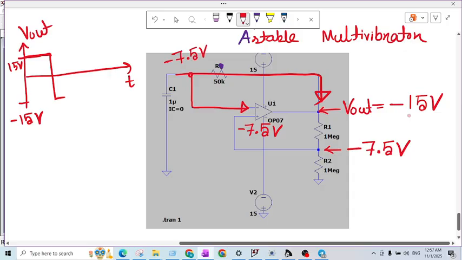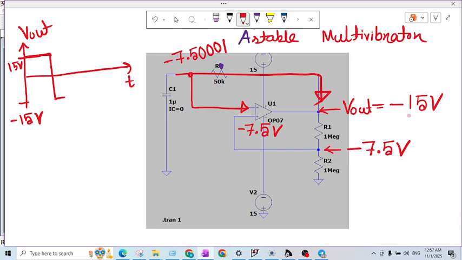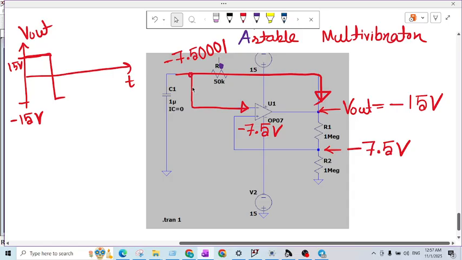And after this moment, when this voltage is slightly less than minus 7.5, let's say minus 7.50001, you see now this voltage is less than minus 7.5 volt.